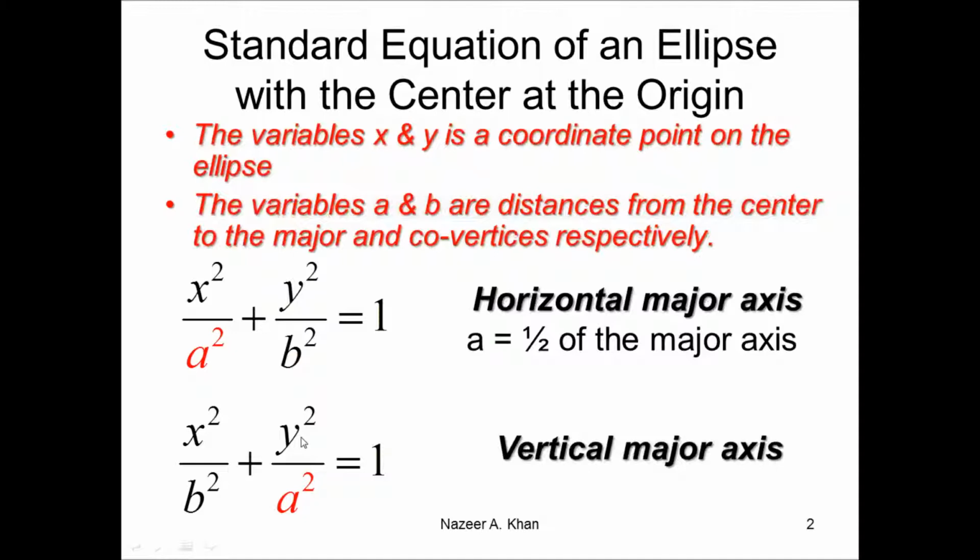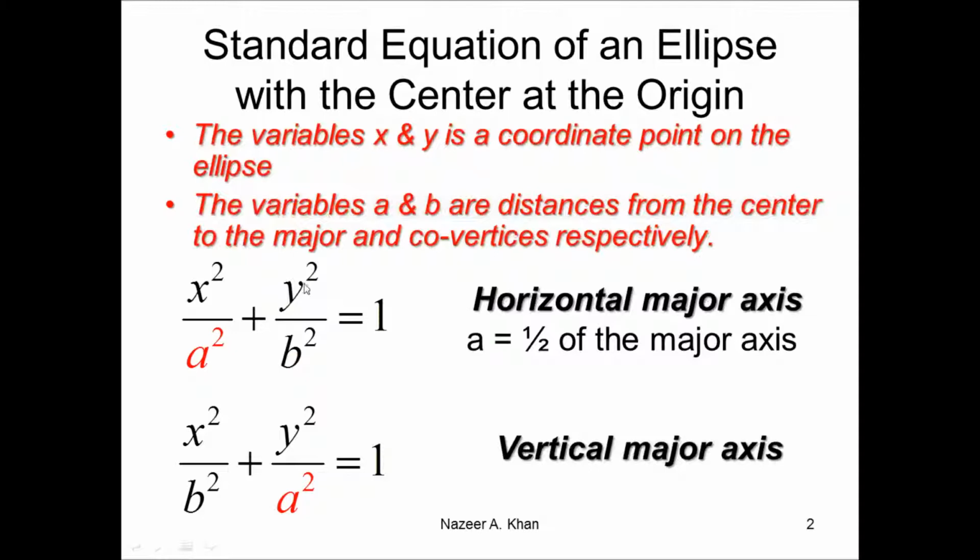The reason why it coincides with the y-axis and the x-axis is because we don't have h and k variables in here. You saw h and k both in the parabola and in the circle when the center or the vertex was not at the origin.